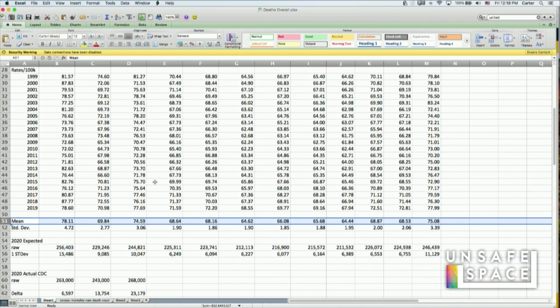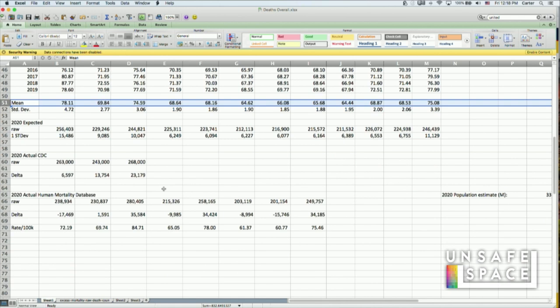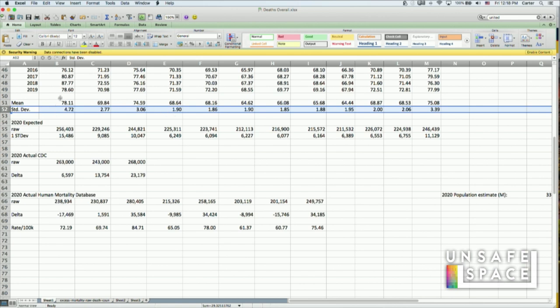That's a 21-year window, roughly a 20-year window. And just for kicks, I calculated the standard deviation so that I could see, okay, 78 with a standard deviation of 4.72, 69 with a standard deviation of 2.7.